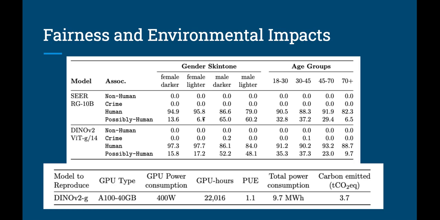So the next thing I'd like to give props to the researchers on is the fairness and environmental impacts section that they had, where they checked the biases and found some improvements over other previous models. However, it still had biases towards Western countries and high-income areas. They also found that the carbon footprint is huge for these models.